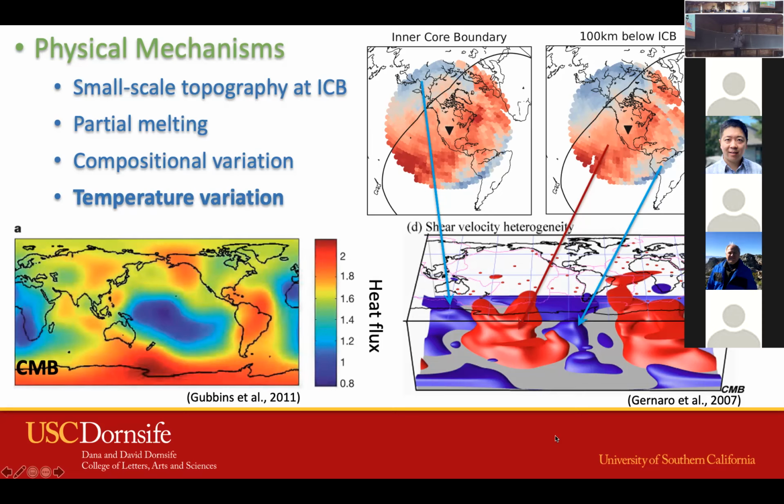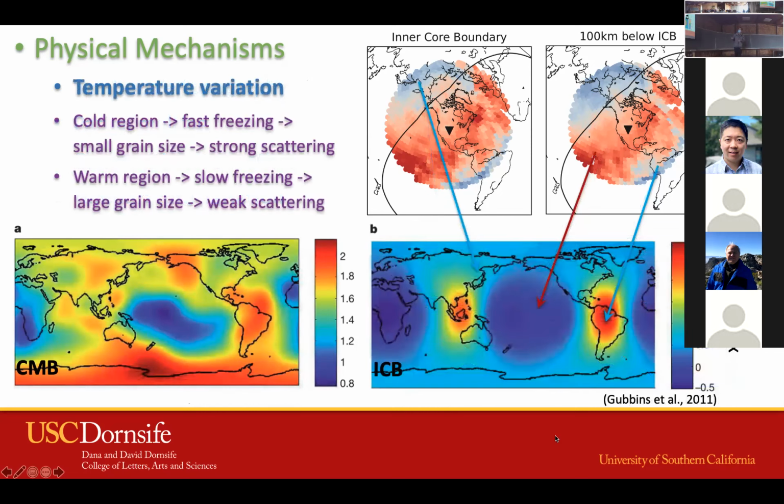So there are two low heat flux regions, and derived from this boundary condition, the geodynamics will use this as a boundary condition to generate the geodynamo, and then we get the heat flux at the inner core boundary.